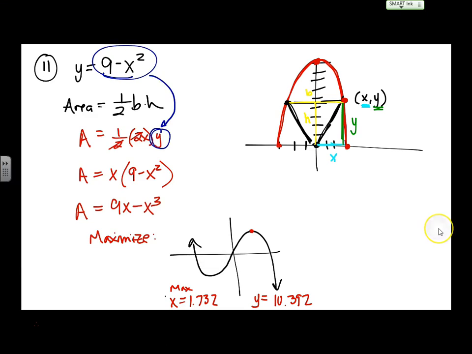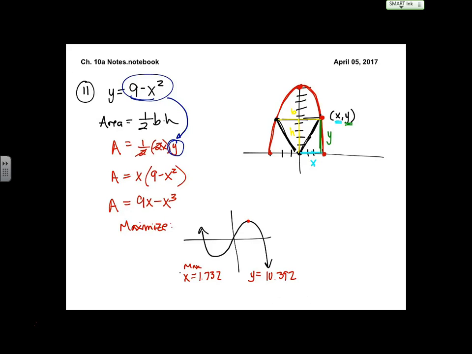So I can go ahead and come back and say, oh, that's right, I let area equal y1. So to answer my question, I can say this triangle is going to have a maximum area of 10.392 units squared. I don't think we're necessarily measuring inches or centimeters or anything like that. When or at x equals 1.7.